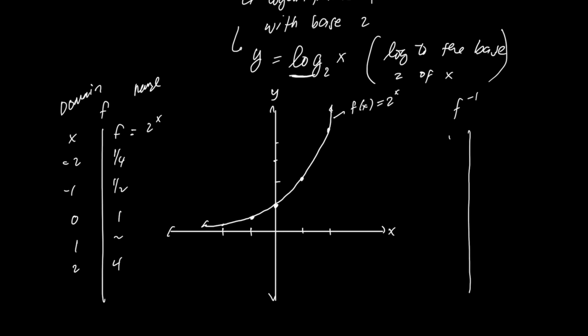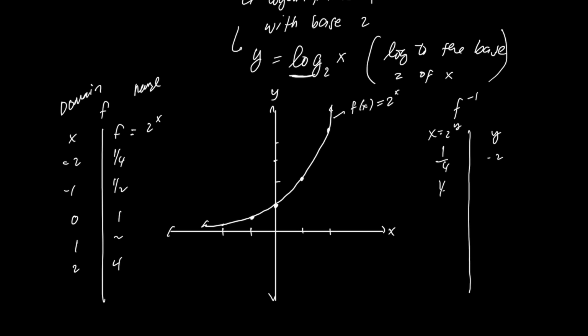So if we have x here, which is 2 to the y, and this is our y, if x is 1/4, our y is negative 2.